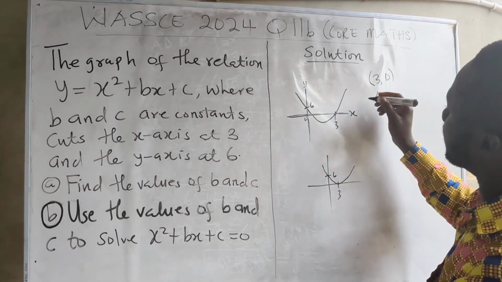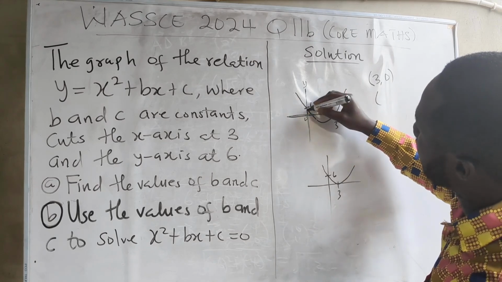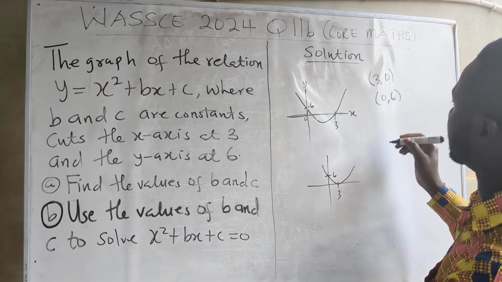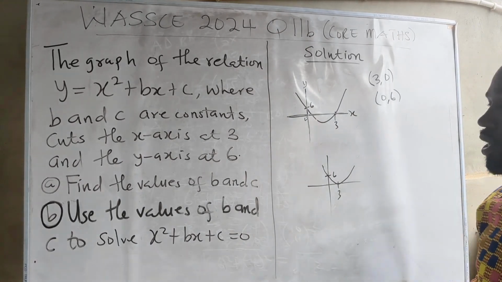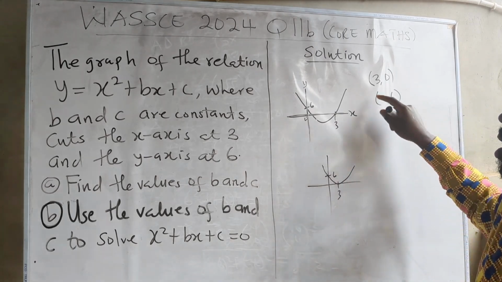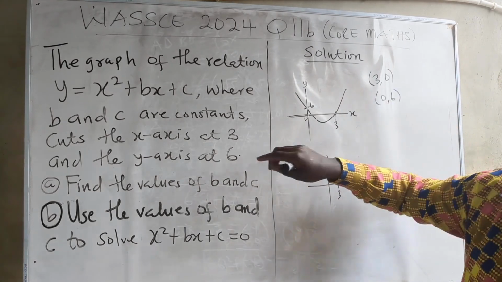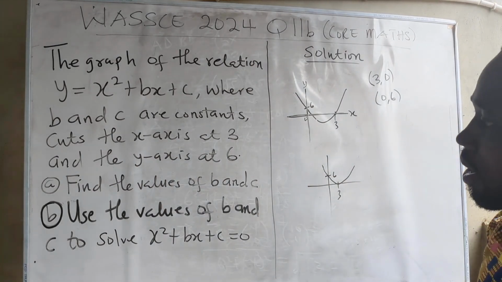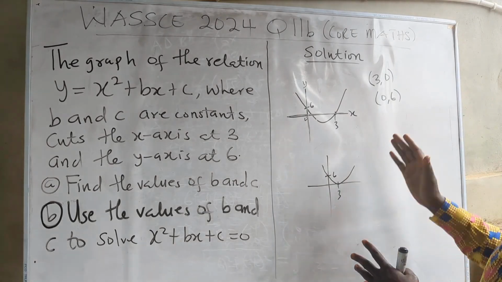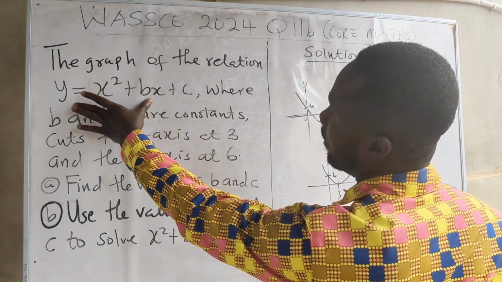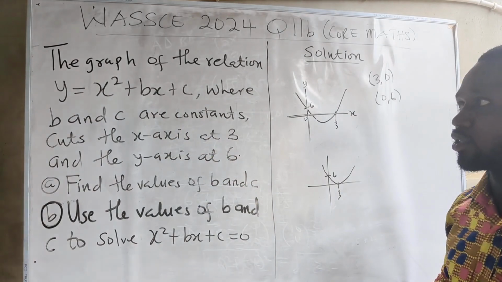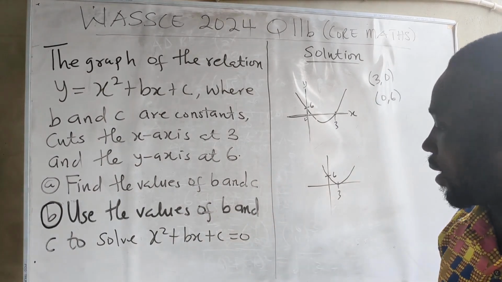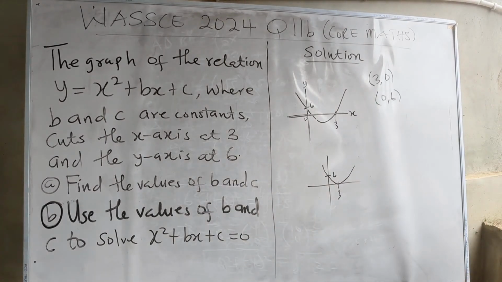Let's look at the y axis. On the y axis too, s is 0. So this particular point gives me 0, 6. So on the s axis we are going to get our point 3, 0, and on the y axis we are going to get our point 0, 6. So what we are going to do is substitute these values into the quadratic function so that we can solve for the values of b and c. Alright, so let's do that.